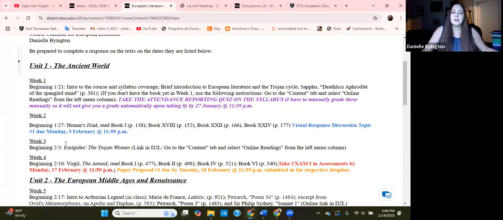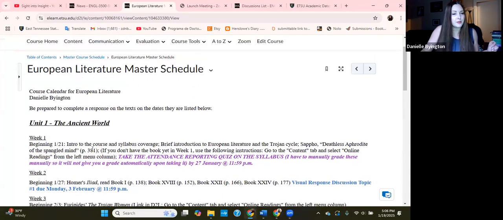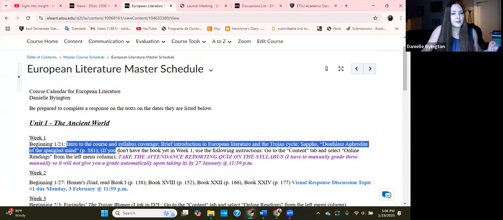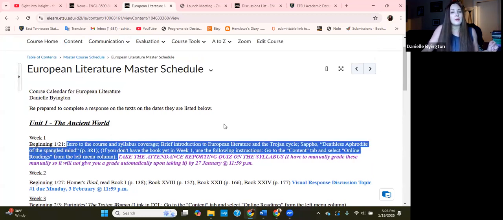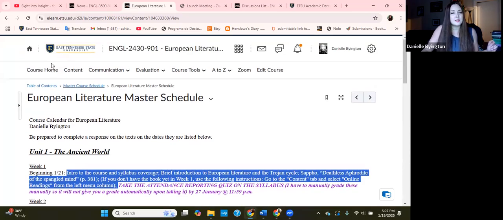So I can do that better by using this play, and I also give you a much more current translation of this play in D2L. So it's clearer, it's more concise, and it's shorter. You can find that in D2L. And since I know some of you might not have your books yet for this first week, this is also in D2L.